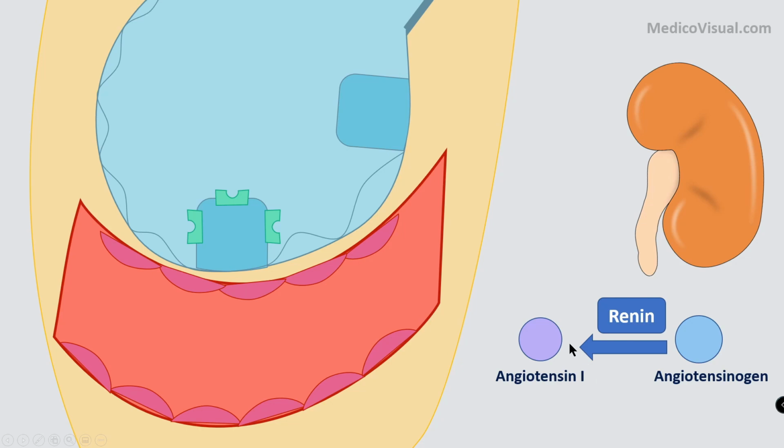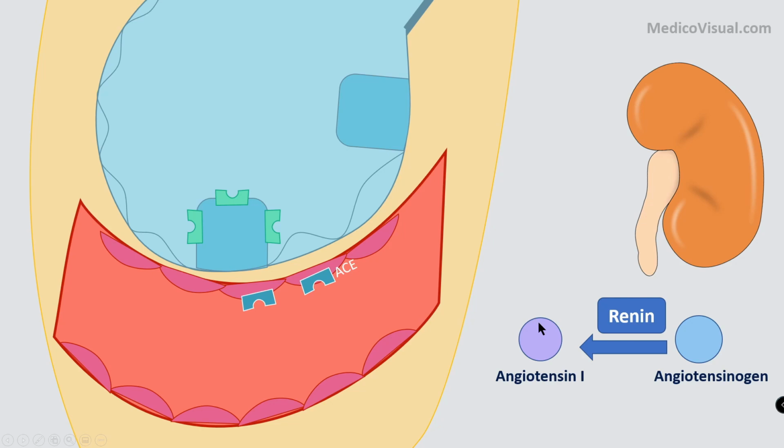This angiotensin 1 will go to the lung capillaries, where the endothelial cells have special transmembrane enzymes called ACE enzymes, right? ACE means angiotensin converting enzyme.